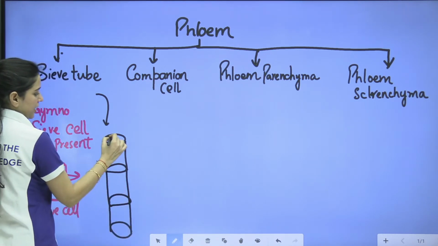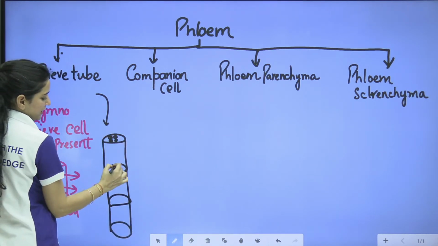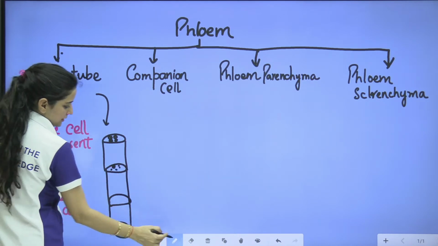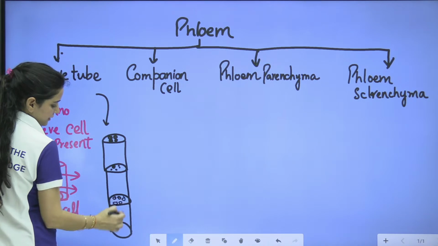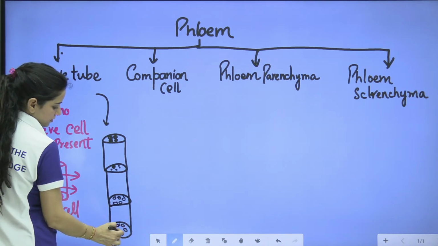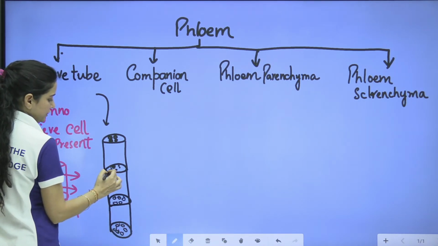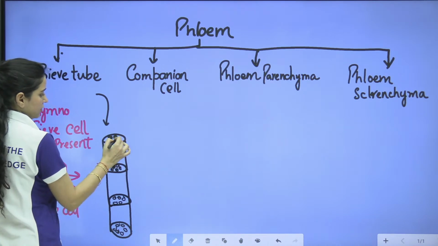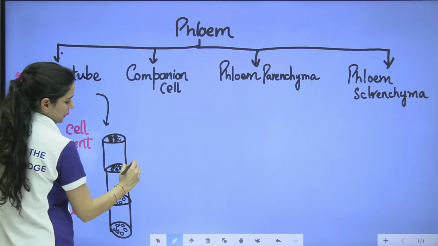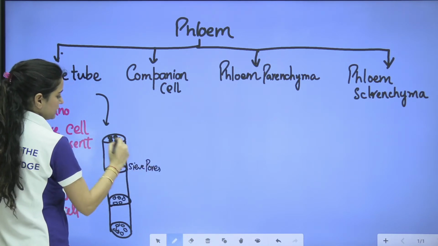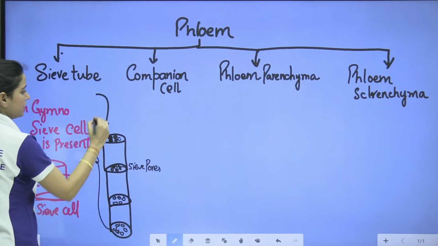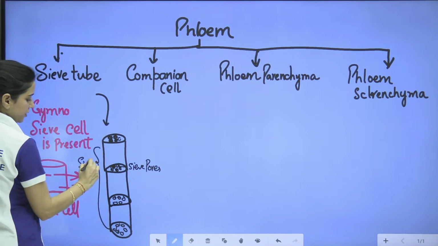ऐसे यहाँ पे ये pores जैसे आपको दिखाई देंगे. So what are these pores? These are seed pores. And what do you see? This entire structure is a seed tube.